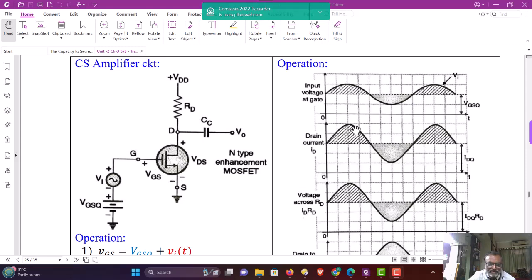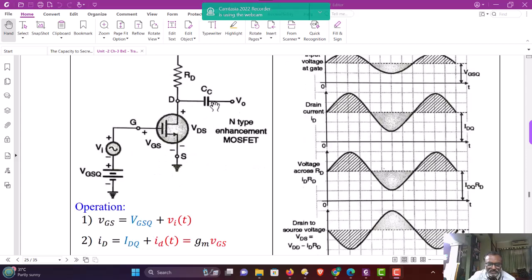The relationship we have seen in the last lecture is ID equal to K into (VGS minus VT) squared. So when the instantaneous input voltage is increasing in the positive direction, the drain current is also increased in the positive direction. Therefore, during the positive half cycle of the input, the drain current also completes the positive half cycle.